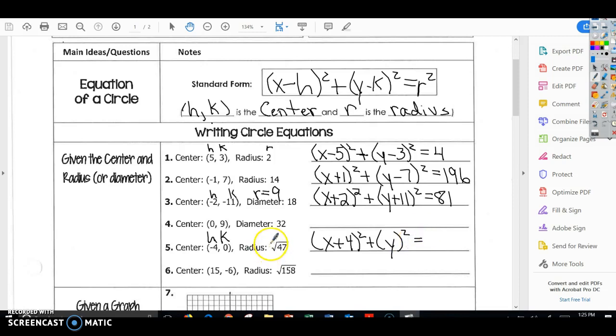And then if you have the square root and you square that, because we have to do radius squared for the equation, the square root and the squared cancel and leaves just 47. Okay? All right, so hopefully this helps us get started.